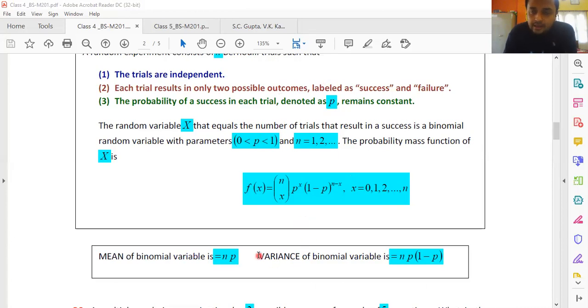So this is the formula, and the variance of the binomial variable is defined by the formula np into 1 minus p. Sometimes we call it npq. So you have to remember this formula. I shall not waste time showing how these formulas are calculated, because we'll be sitting for an online examination where deduction of the formula will not be asked. This was a very famous problem, and the examiners were attracted towards it.